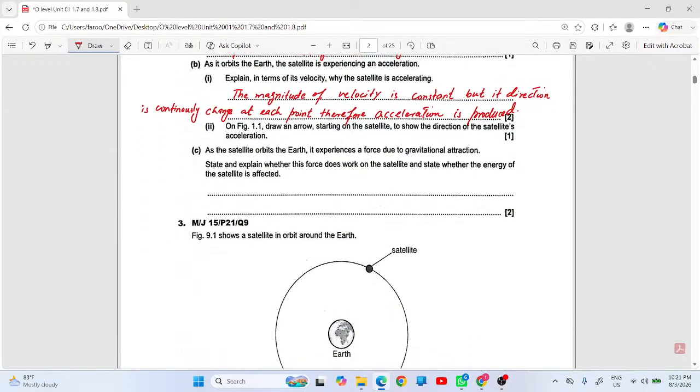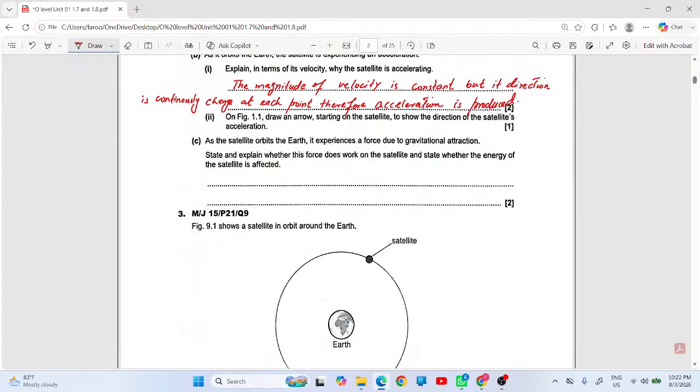Next, read part C. Yes, this is an important question. As the satellite orbits the Earth, it experiences a force due to the gravitational attraction.